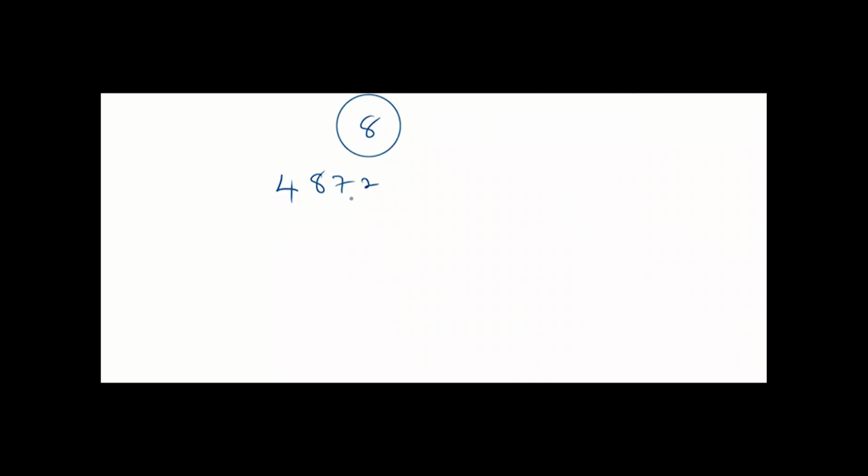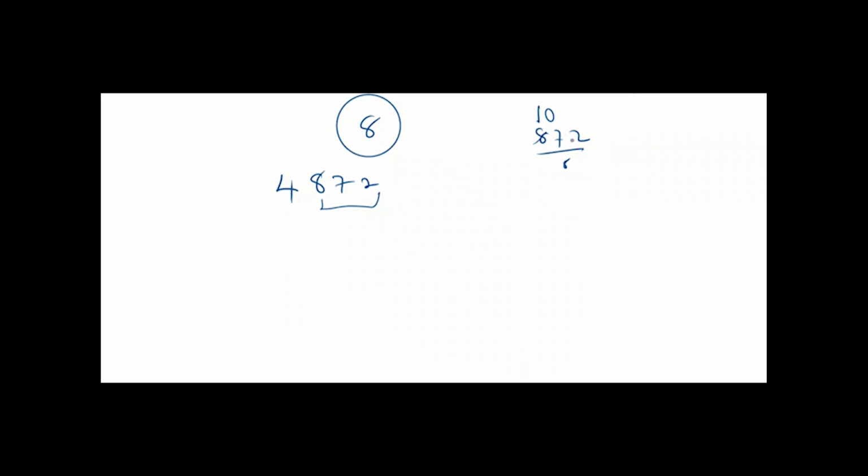4,872. So let's check now. If you want to know if this number is divisible by 8, the last 3 digits must be divisible by 8. You have 872. 8 goes in 8 once. 8 goes in 7 zero times.